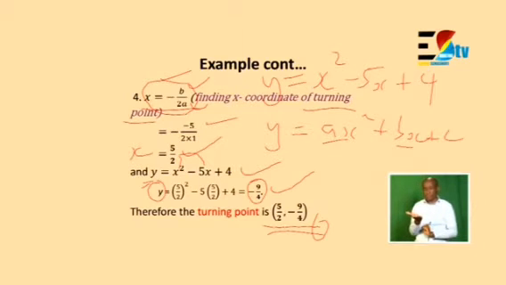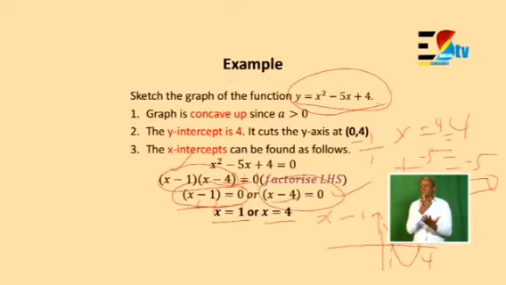Okay. Another way that we could have used to find the x-coordinate of the turning point is just using the x-intercepts. We say they are 1 and 4. So we just find the mean of 1 and 4.